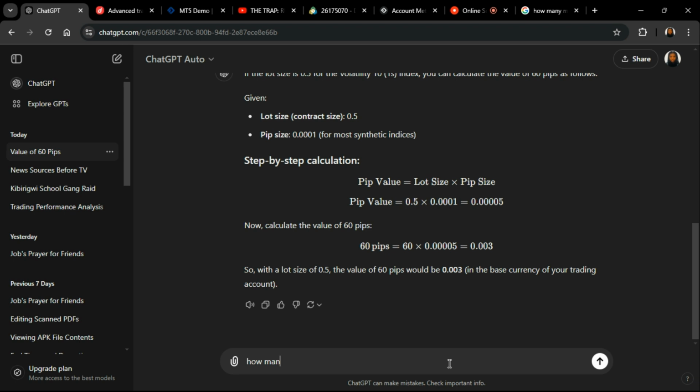How many dollars are worth one pip if you use a lot size of 0.5 on volatility 10 1s?